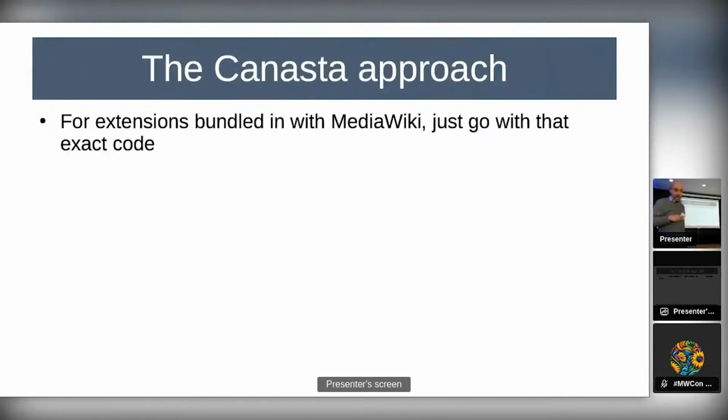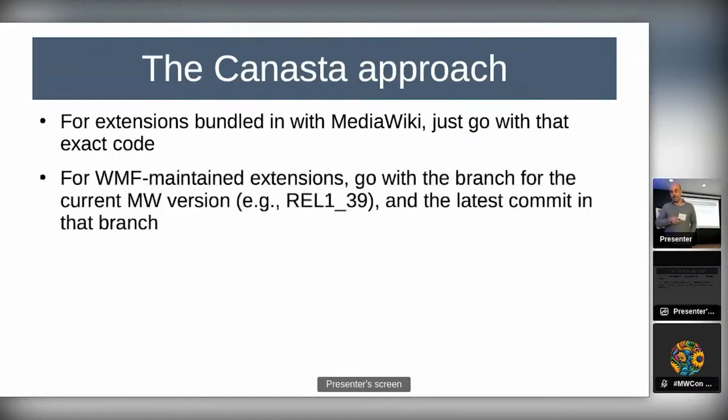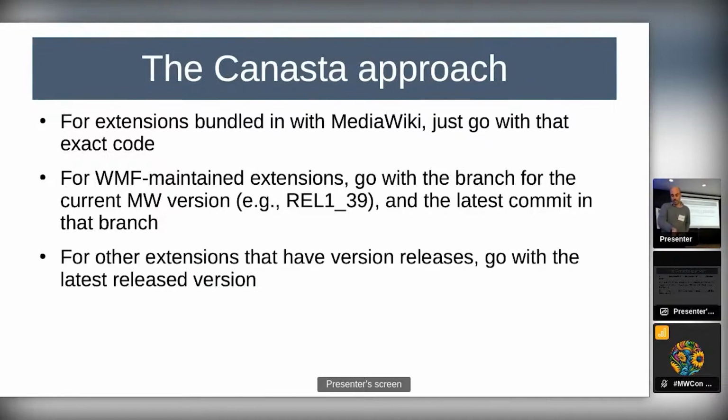Sorry, this font is getting a little small, but the Canasta approach is, if the extension is bundled in with MediaWiki, then it's simple. Just go with that exact code, because presumably that's well tested, and if there were a problem, it would have been fixed. For the other Wikimedia Foundation maintained extensions, just go with the branch for the current MediaWiki version, like 1.39, and the latest commit in that branch, and that seems to work quite well.